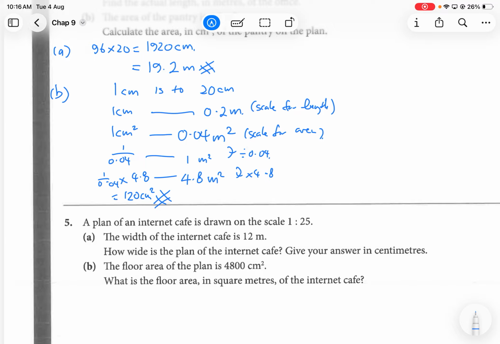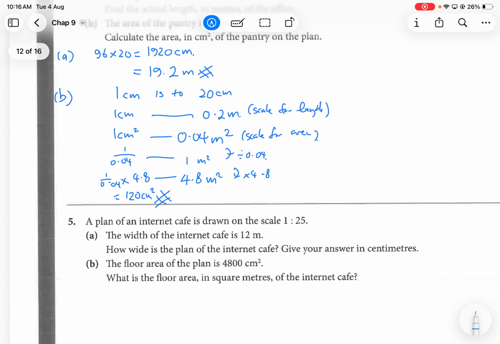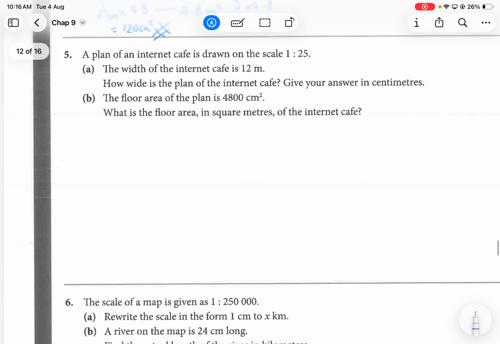But when I divide by 25, it is still in meter. It doesn't change my unit. So 12 over 25, I will get 0.48 meter. But they want the answer in centimeter. So 0.48 meter is the same as 48 cm. Multiply by 100.